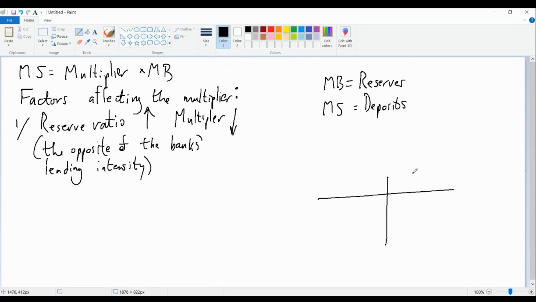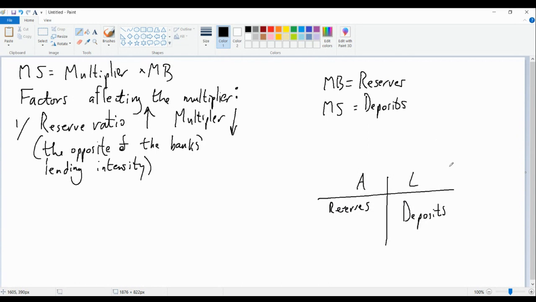In this simple world, on each bank balance sheet, you have the deposits showing up on the right, the reserves showing up on the left. And on each balance sheet, we know that the reserves are smaller than the deposits, correct?